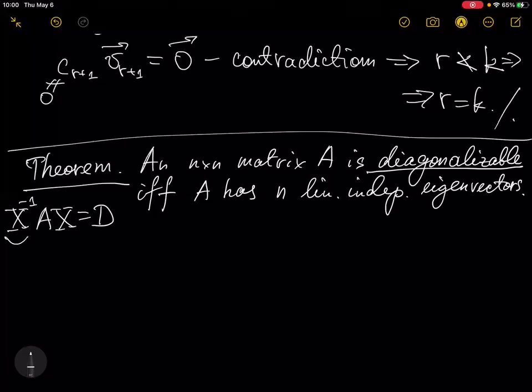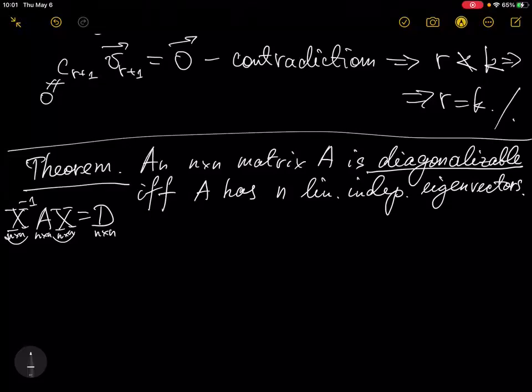So if you have a look at this, you see what it essentially means. You can consider every column of this matrix X, which is n by n, as a column vector.